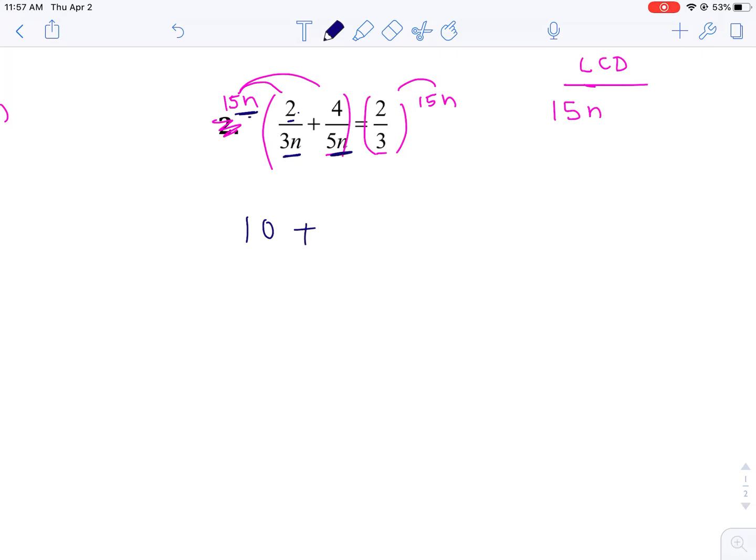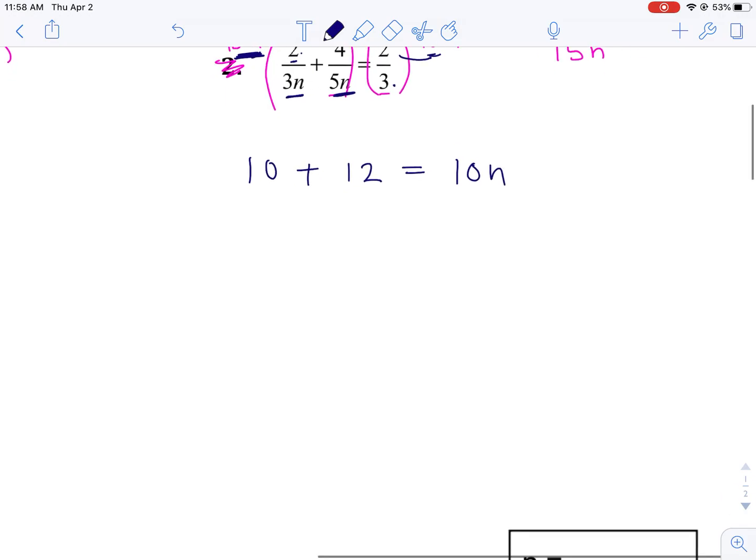In the second term, 5n goes into 15n 3 times, and 3 times 4 is 12. On the right, I have 2/3 of 15n, and 2/3 of 15n is 10n. Really, I took 3 into 15 5 times, and 5 times 2 gave me 10.